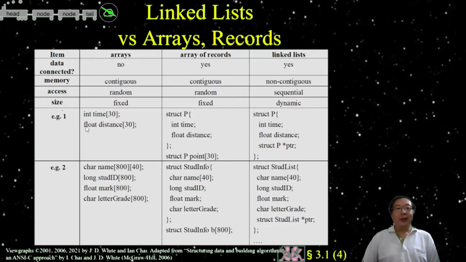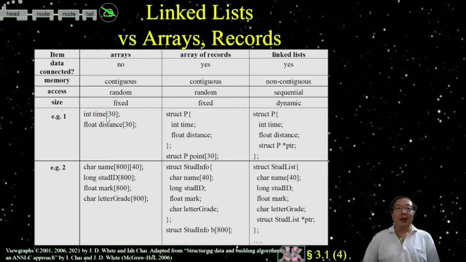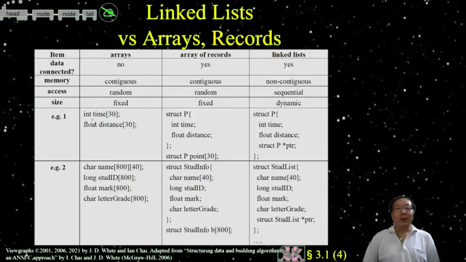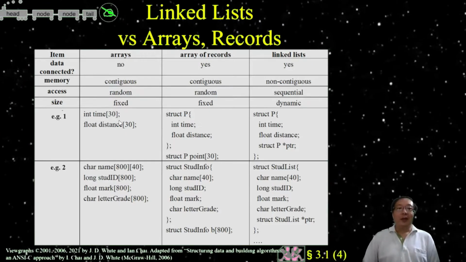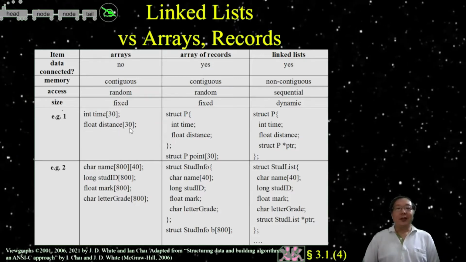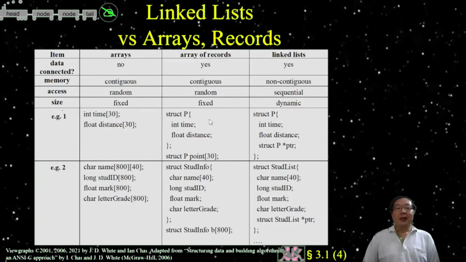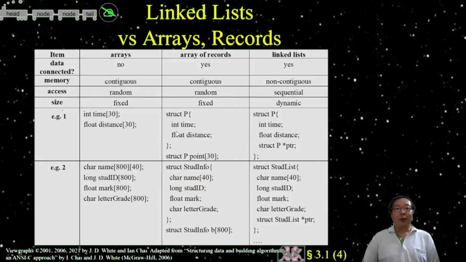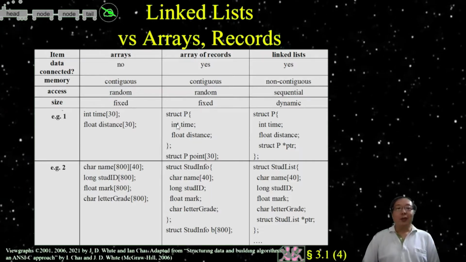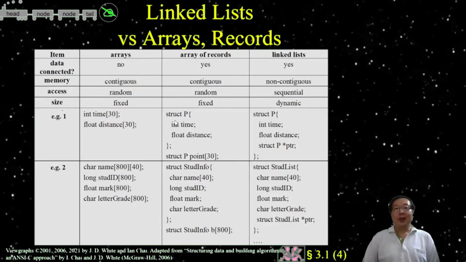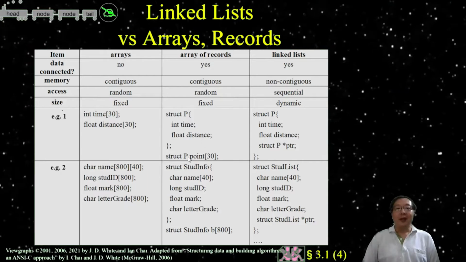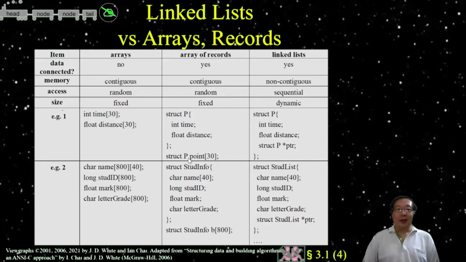So for example, in an array, you have just one type of thing, a time array, and then a float distance array. Whereas in an array of records, you can put the time and the distance together. Even though they're different types, you can put them together into the same record, and then you make an array of the records.